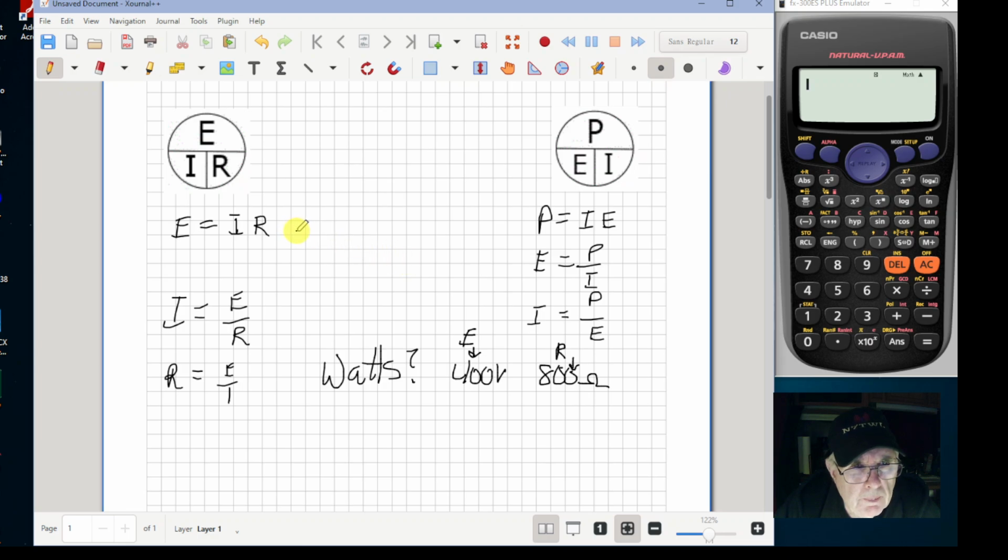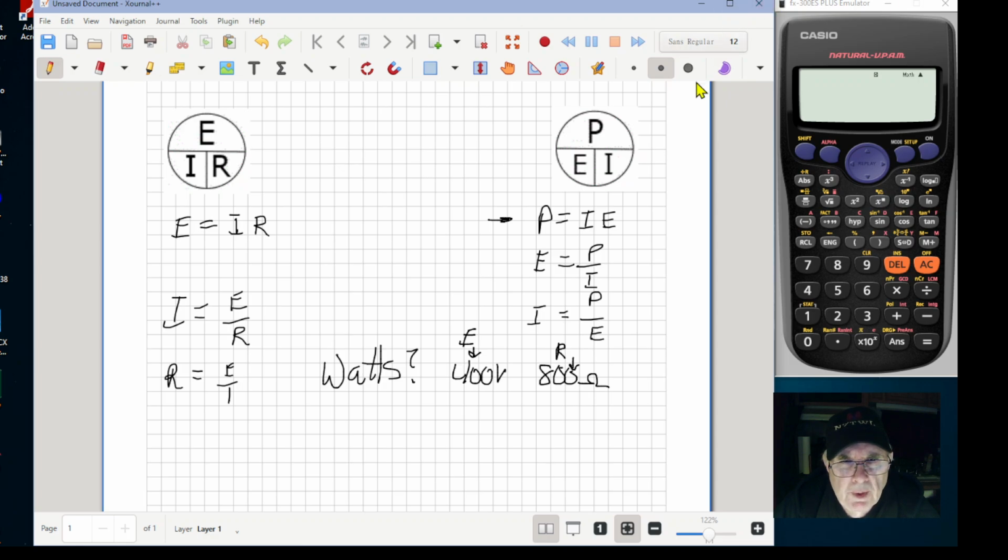I need... here we go. Current is the voltage over the resistance. I have a voltage, I have a resistance. This will get me I. I need to know power. So this is the equation I'm going to use.